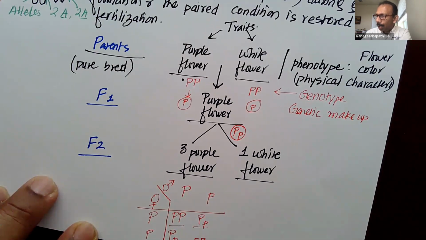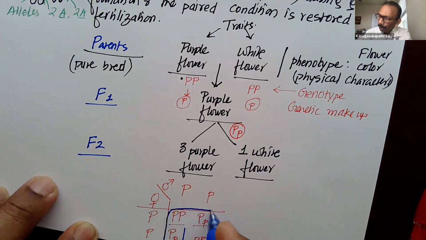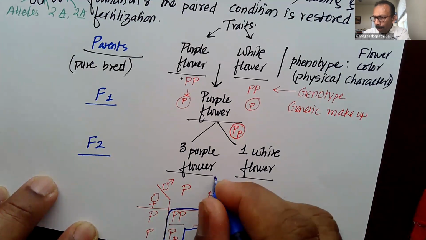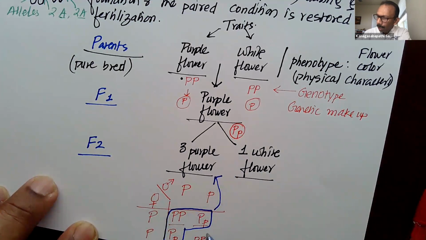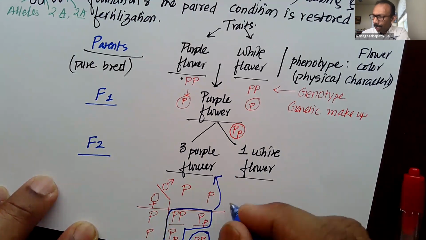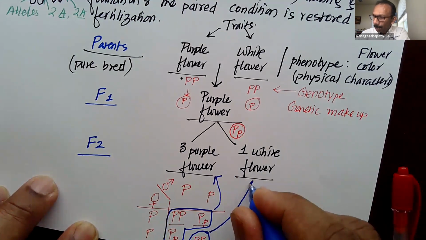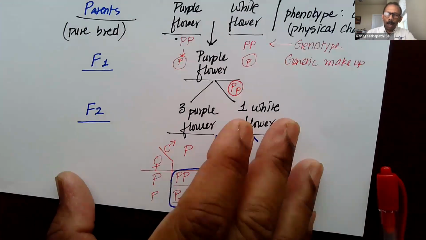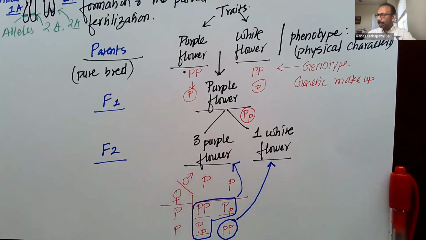So all these 3 are going to be the F2 generation. All of these are going to be the purple flower, and this recessive is the white flower. So that is how he explained how we got this 3-to-1 ratio.